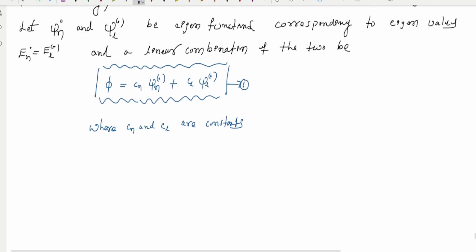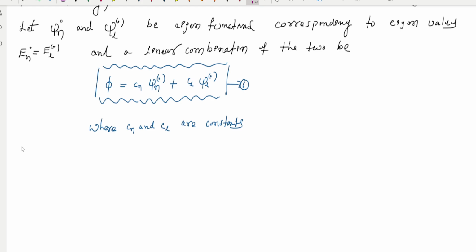Now we are going to calculate the first order correction to the energy. Not the second order correction energy, that is very, very difficult.